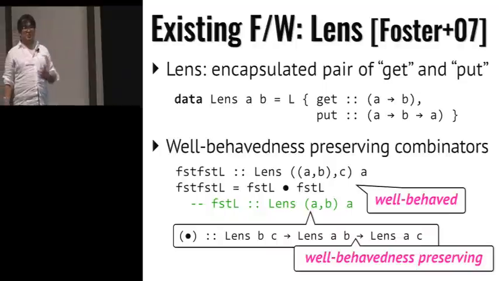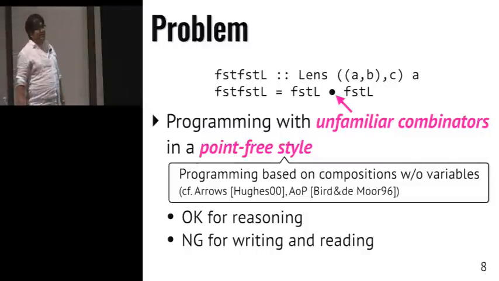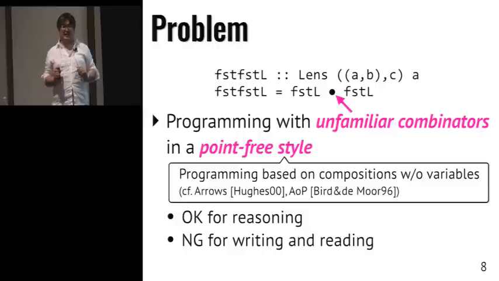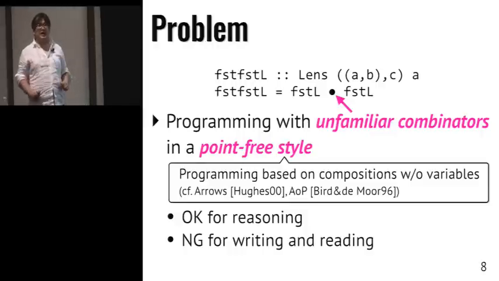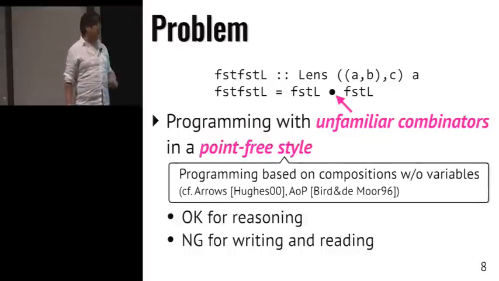However, there is a problem in lens programming. We have to program bidirectional transformations with somewhat unfamiliar combinators in a point-free style. This is quite okay for reasoning, and is also key to guaranteeing well-behavedness in the lens framework. However, this is not so good for writing or reading involved programs. So our goal is to overcome this problem.